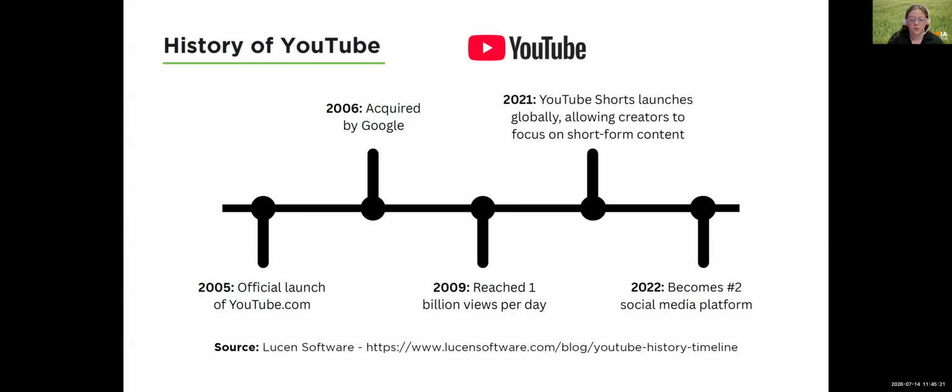This just allows YouTube creators to use short form content within the YouTube ecosystem. And as of 2022, I know I mentioned on our first slide that Hootsuite listed it as the #1 social media platform for 2026. Lucian Software stated that as early as 2022, it was listed as the #2 social media platform out of all the other options.